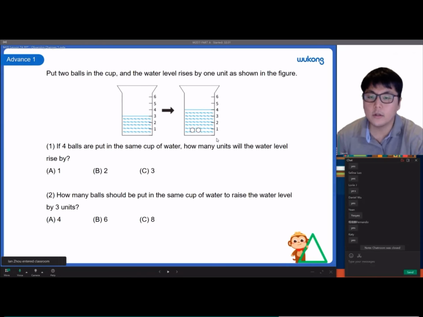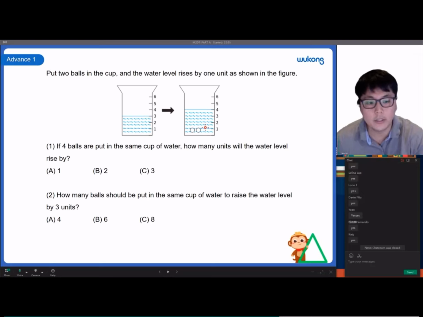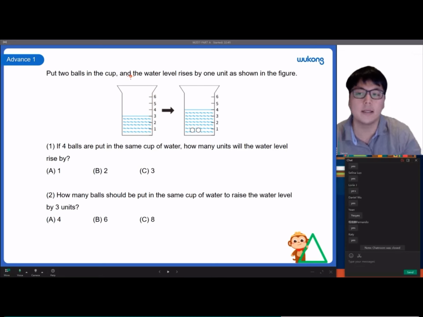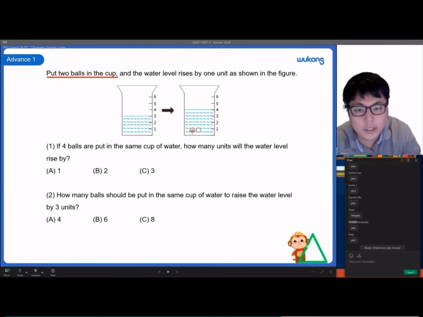So, let's have a look at this question, guys. This question is very, very tricky, so I want everybody to pay extra attention. Now, we have a cup with labels showing how much the water level is: 1, 2, 3, 4, 5, and 6. Now, guys, if we put 2 balls in the cup, you can see there are 2 balls already here. After putting in 2 balls, the water level rises by 1 unit.